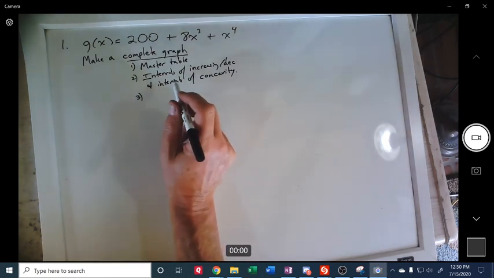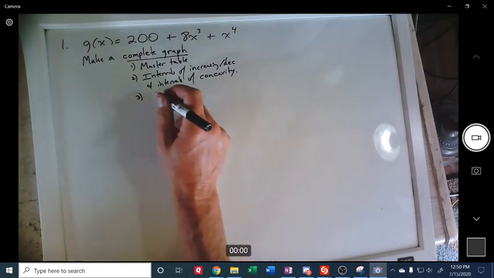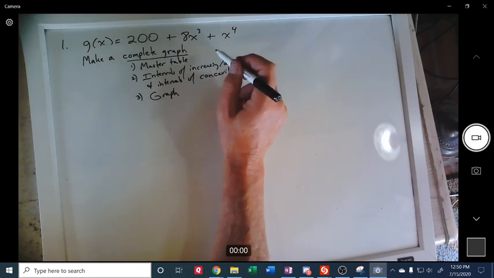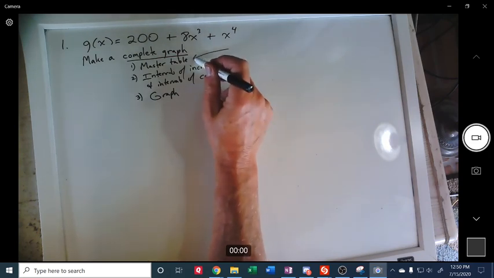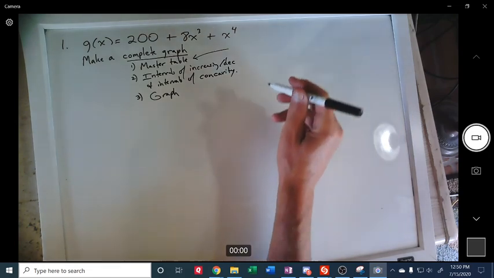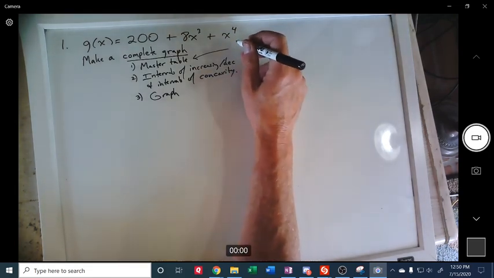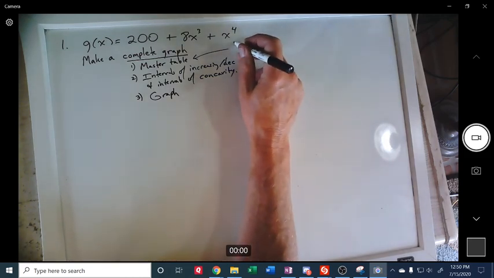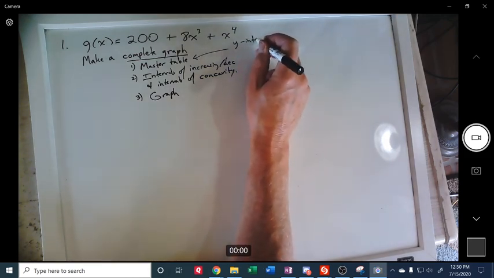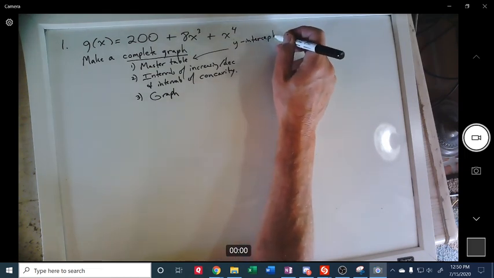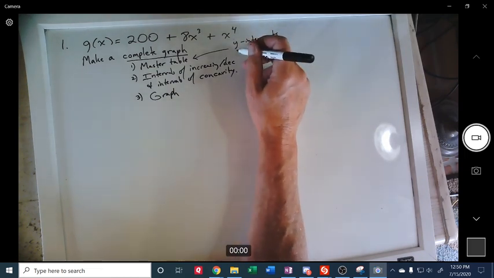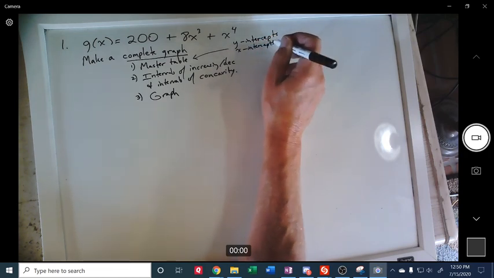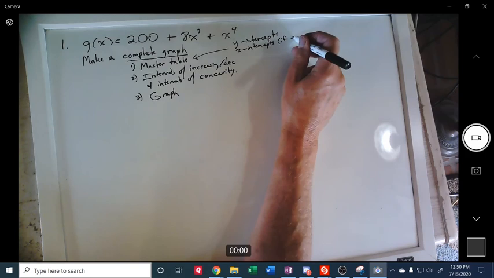You're going to need, in the master table, these points. You're going to need the y-intercepts and x-intercepts if easy to find.